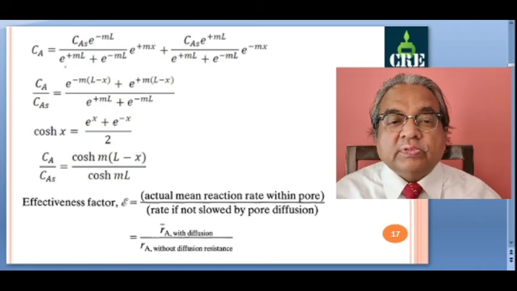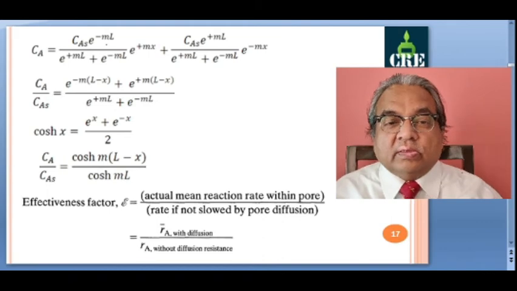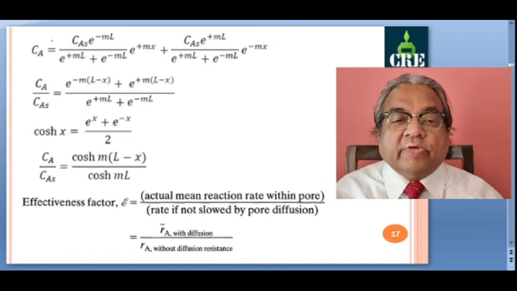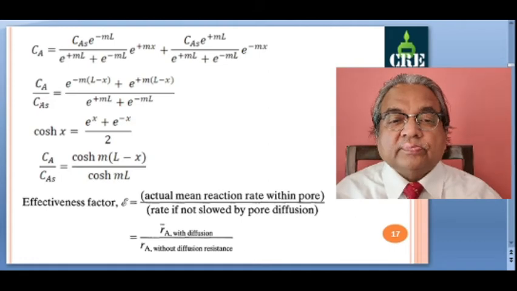This is same, e raised to plus ml plus e raised to minus ml, e raised to minus ml into CAS, e raised to plus ml into CAS, and this m1 and m2 we have substituted with e raised to plus mx and e raised to minus mx terms. So we have, if I take this CAS common and transfer on this side, I can write CA by CAS. Denominator is same written here, and this plus this.